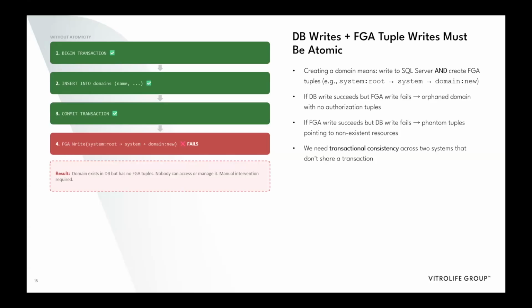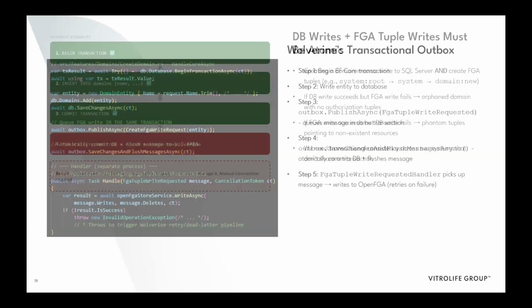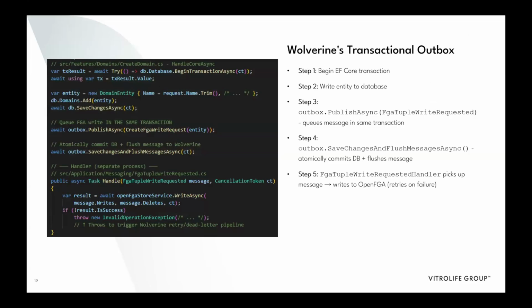So our solution here was that we added a .NET project called Wolverine, where we could implement a transactional outbox. So both the OpenFGA operation and the database write operation are in the same transaction, and if one fails, both of them fail.